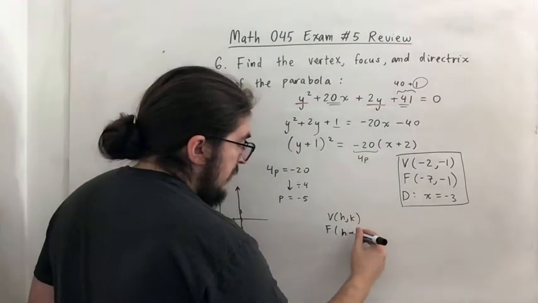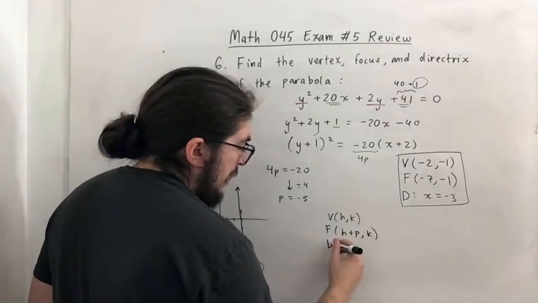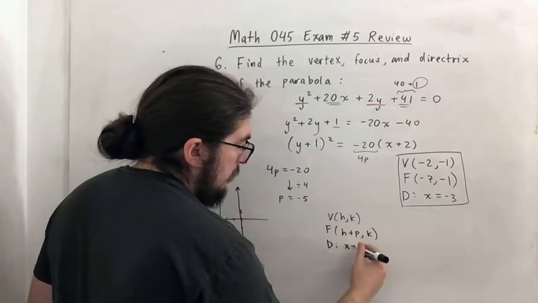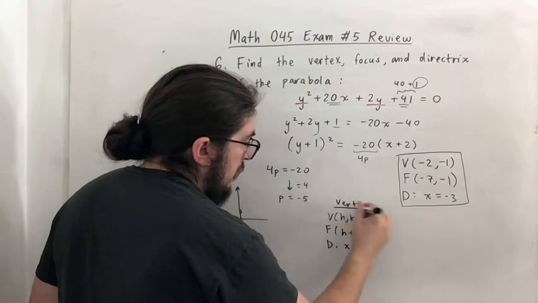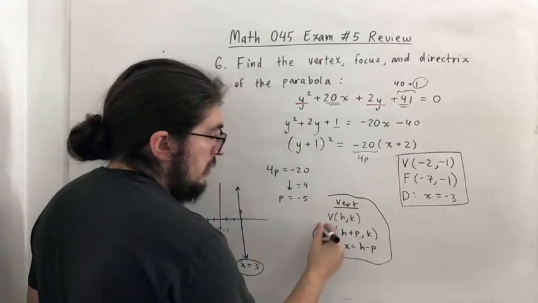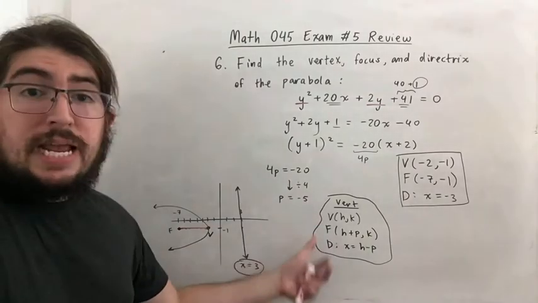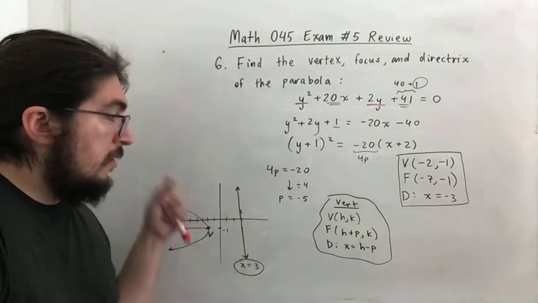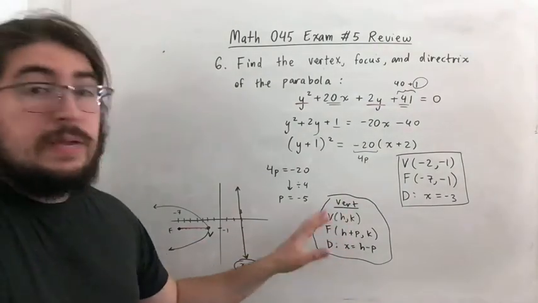So this will be h plus p comma k, and the directrix will always be x equals h minus p. This is basically a formula to do things non-visually. And it makes sense because you're adding p. Now if p is negative, you're really subtracting p. But if p is positive, then you're moving in that direction. So this is actually independent of p being positive or negative.